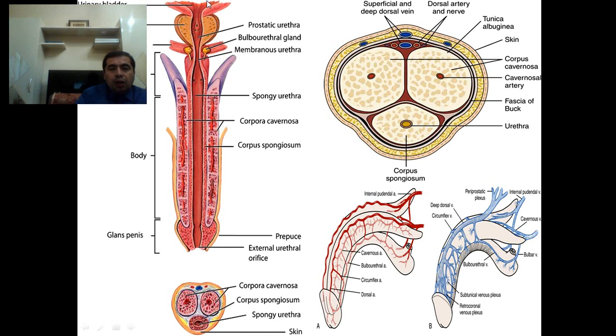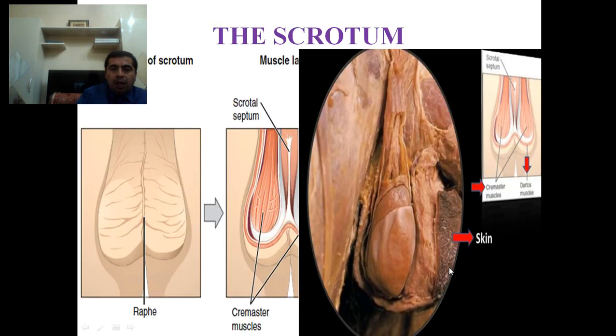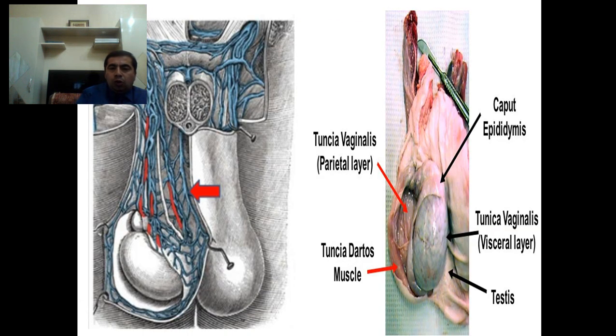And again, you are looking at the male urethra and the structure of the penis with the blood vessels, the arteries and the venous vessels. The scrotum, which I have explained before, also belongs to the external genital organs.